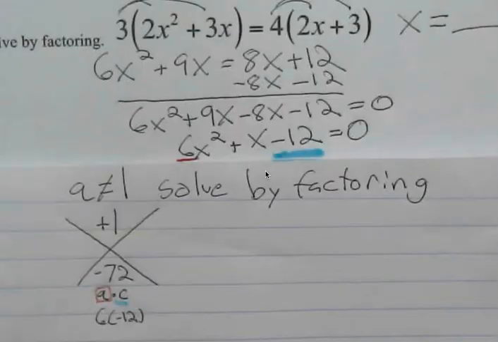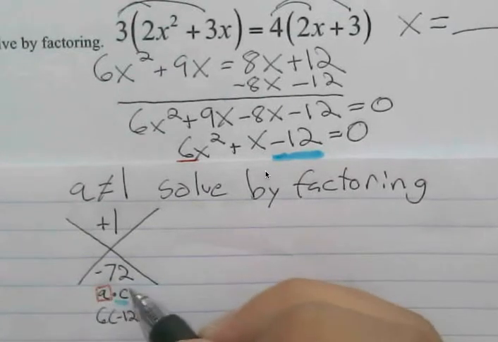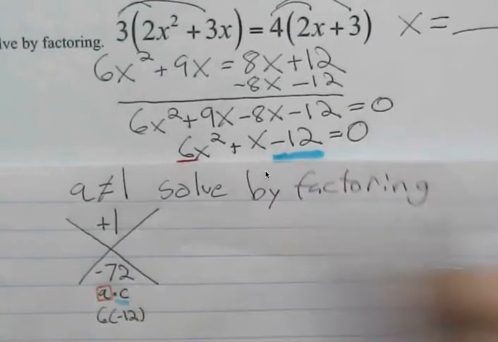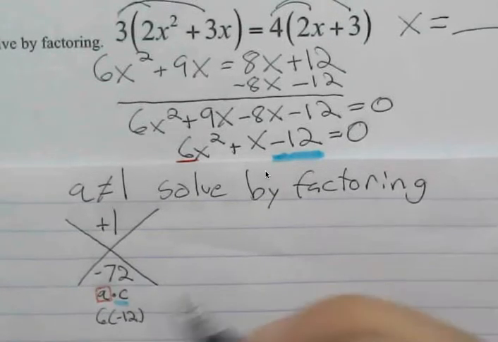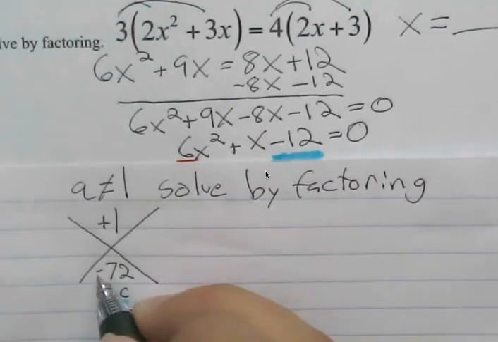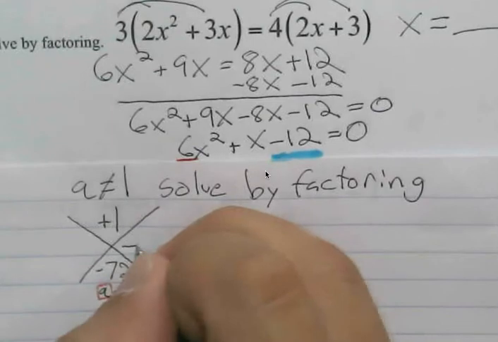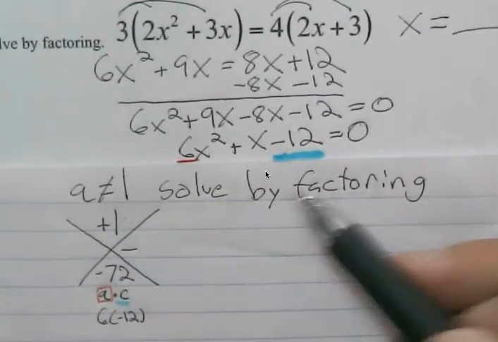So again, this is our product, so we're thinking factors of negative 72 that add up to 1. There are a few options we have here. You could look at this all day, but eventually the one option that works, since we have a negative product, one of these has to be negative. We end up going to a positive sum, so this is rare.